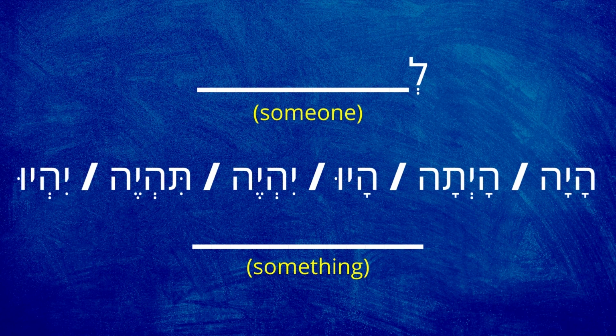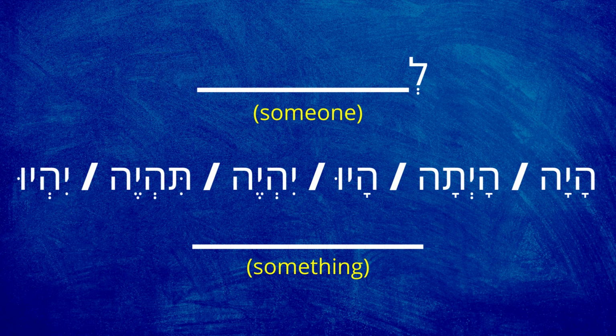Meaning this person had in the past or will have in the future something. Please make sure to add the letter lamed before the name of the person. In order to turn the phrase into a negative phrase, simply add the word lo.